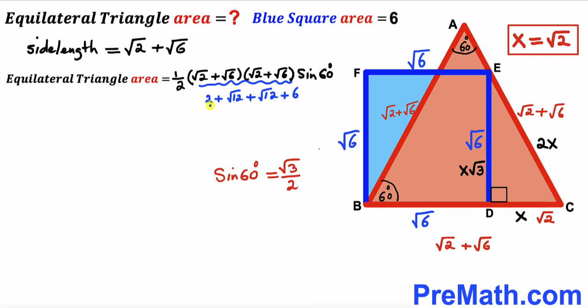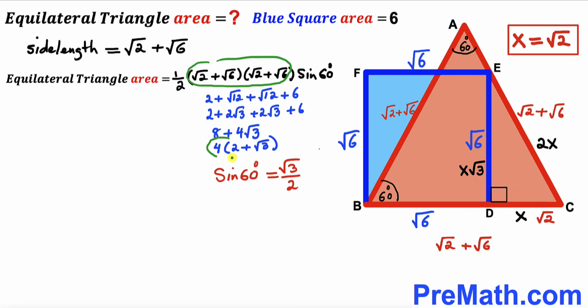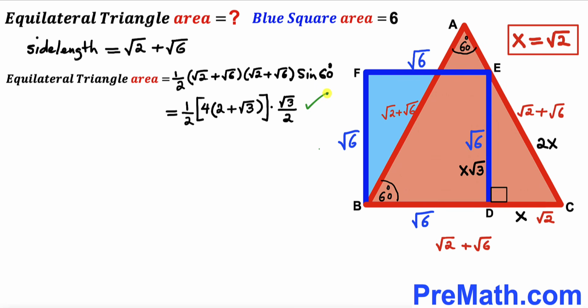And now we can see this is 2 and 12 square root is same as 2 times square root of 3 plus 2 times square root of 3 plus 6. And we can factor out 4. So we got 4 times 2 plus square root of 3. So therefore this whole thing has been simplified to 4 times 2 plus square root of 3, as you can see in this next step.